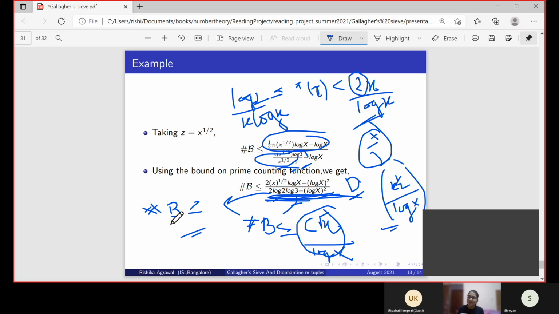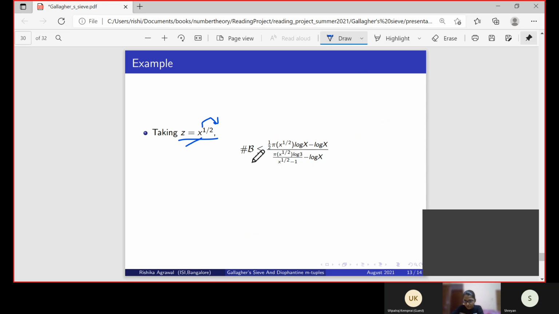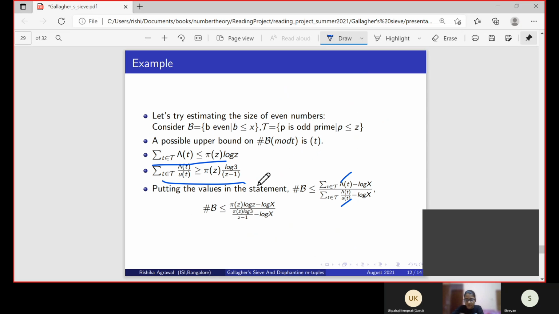So in most cases, other sieves provide better bounds. There are really very few problems that use Gallagher's sieve to derive something good, because here we used it for even numbers and we were not successful. Maybe, okay, I will not say that we cannot derive the size of even numbers, because the bounds that we have used here are very, very crude.